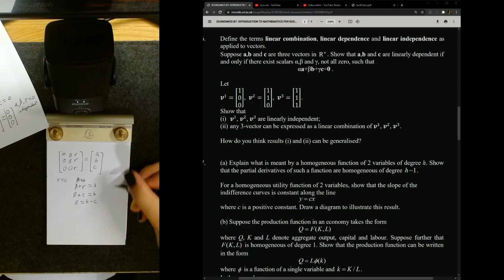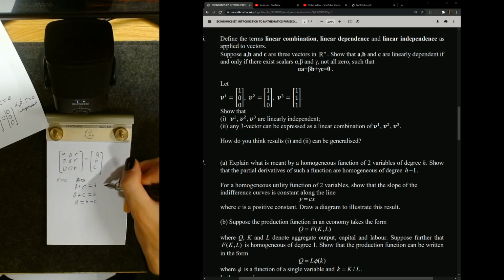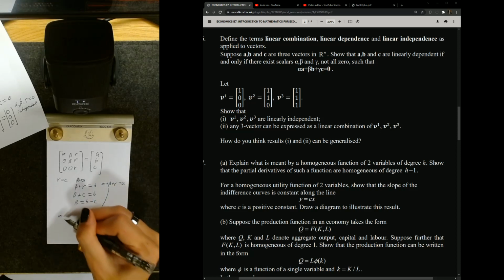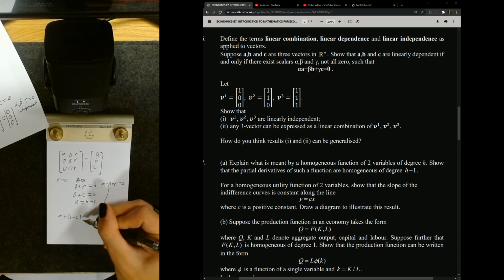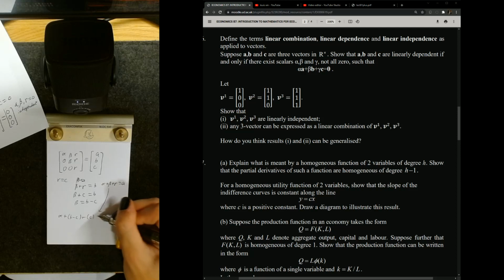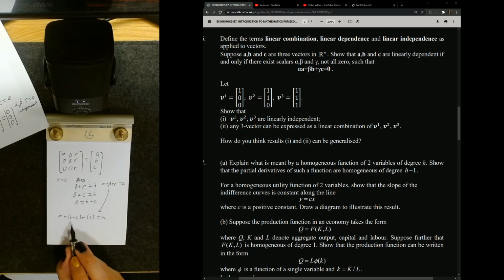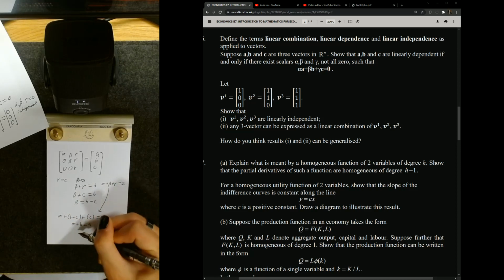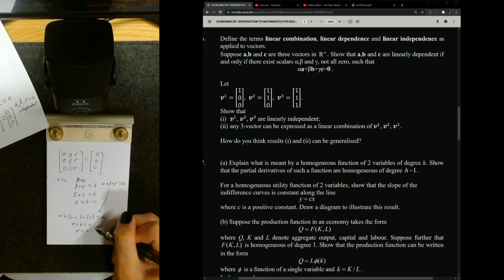Then at the top here, we've got alpha plus beta plus gamma equals a. Let me get a bit more space for this. So beta we've already established as b minus c, plus gamma, which we've already established as c, equals a. Then b minus c plus c cancels out. We're left with alpha plus b equals a, and alpha is equal to a minus b.